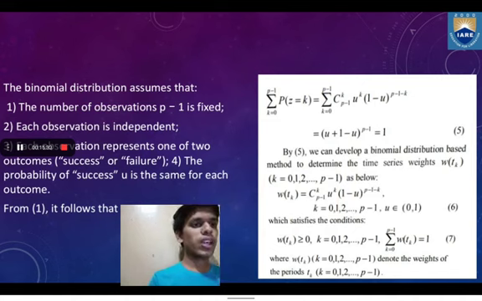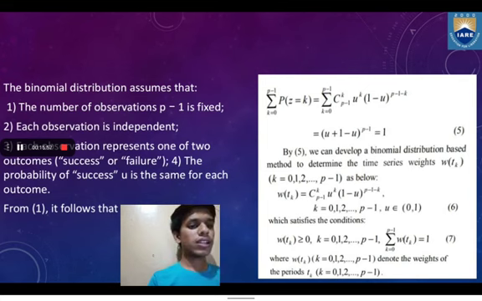So the summation of k equals 0 to p minus 1, P(Z = k). We are finding the summation of all the probabilities, which is equal to the summation of k equals 0 to p minus 1 of (p minus 1) C k, u to the power k, (1 minus u) whole power p minus 1 minus k.